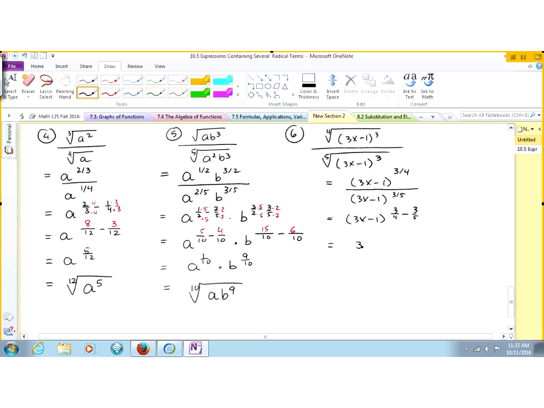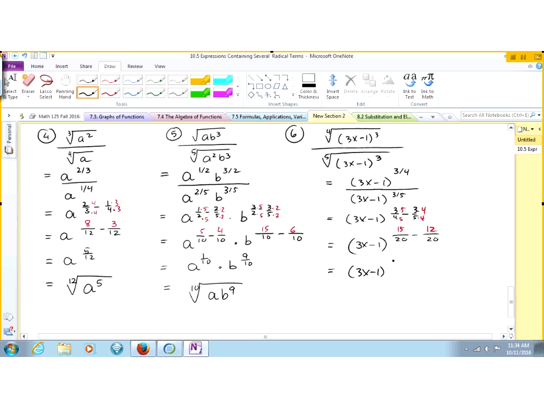Same thing. What is the LCD? 20? Yeah, so 20. So this is 4 times 5, 3 times 5. So this is 15. What about these? 5 times 4. So the 3 also multiplied by 4. So 12.